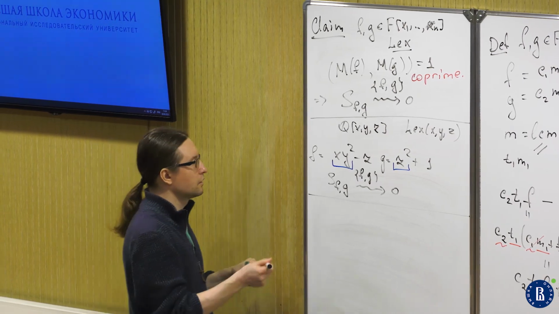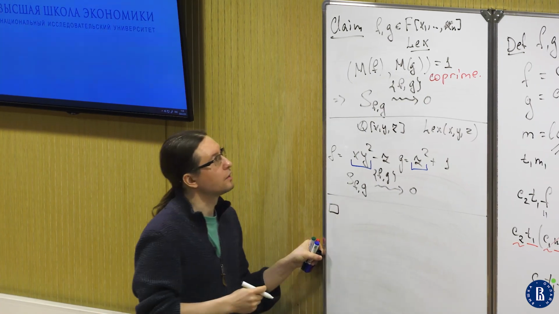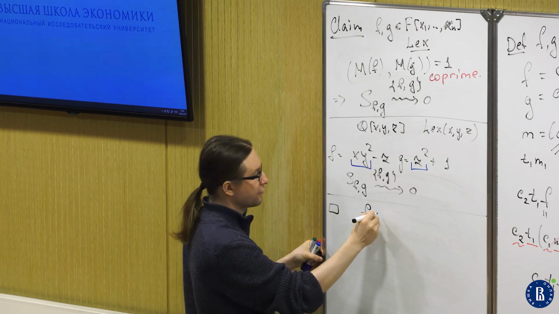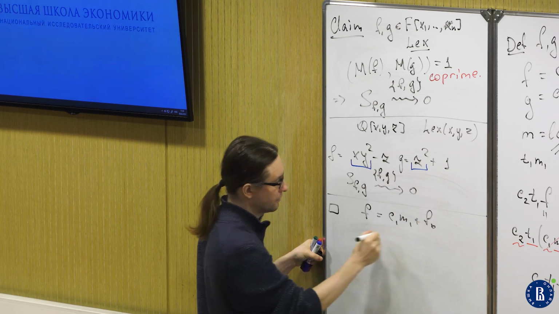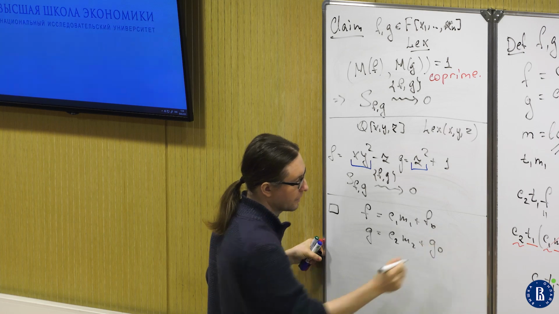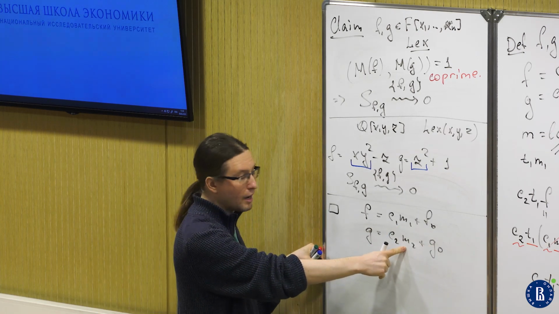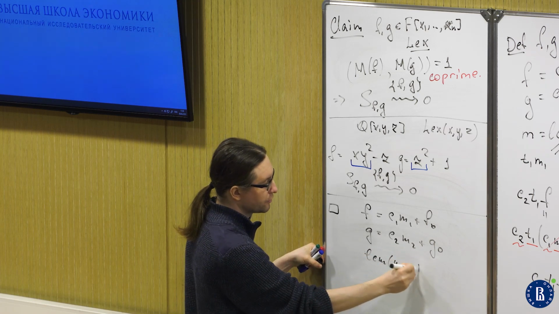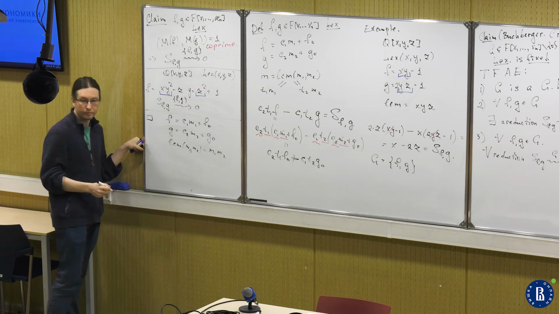Now, let me prove this. First of all, let's represent the polynomial f as here and the polynomial g in the same way. Now, we know that these two leading monomials are coprime. So the least common multiple of m1 and m2 is just the product m1 times m2.